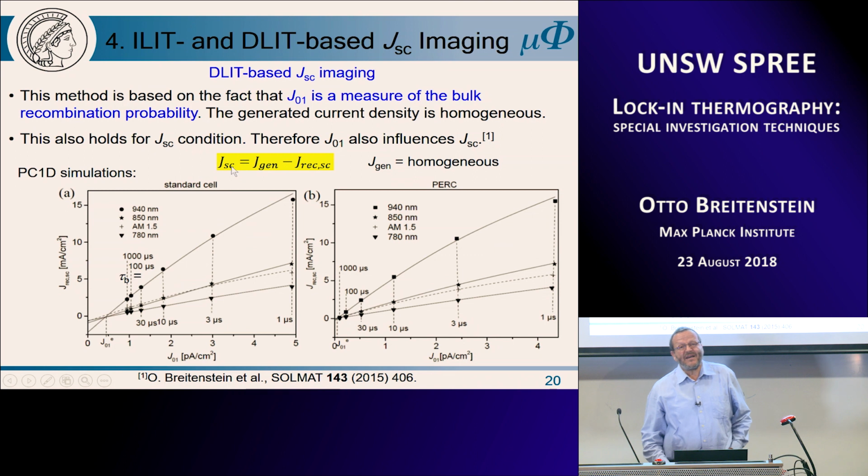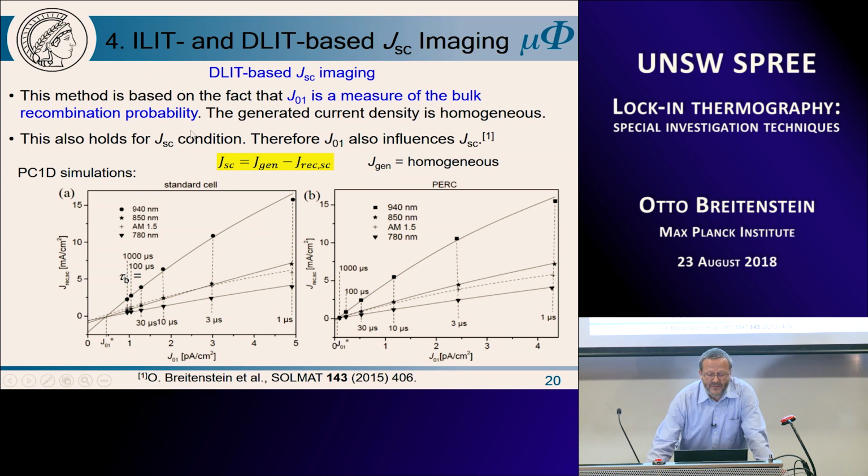So, and if you don't have illuminated lock-in thermography, you also can do it with dark lock-in thermography, and the physics behind is completely different. So this method is based on the fact that J01 is a measure of the bulk recombination property. And this also holds for JSC condition.